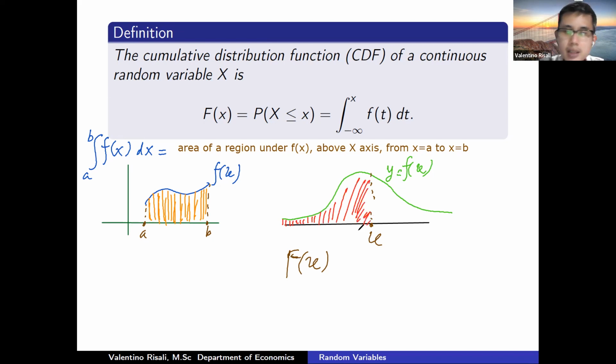Yeah, this is the graphical representation of the CDF. Find the area under the curve above the x-axis from infinity to x. Yeah, this is the illustration.